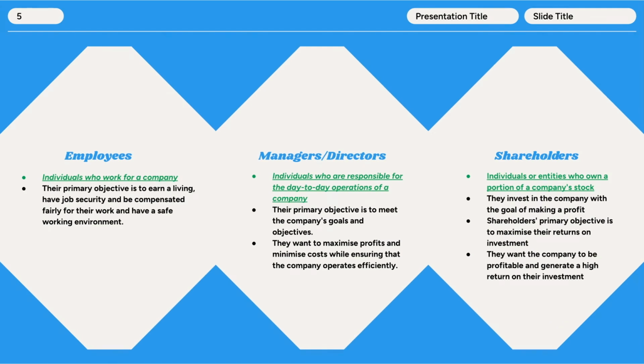And to maximize the returns of the investment, they expect the company to be profitable, and they want the organization or the company to generate a high return on their investment. They expect profit. So these are all of the different groups of internal stakeholders: employees, managers or directors, and shareholders.